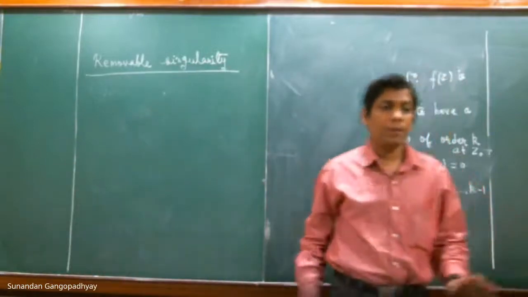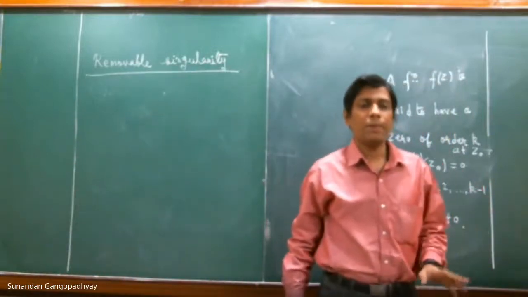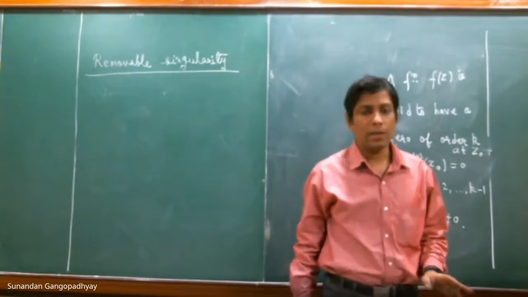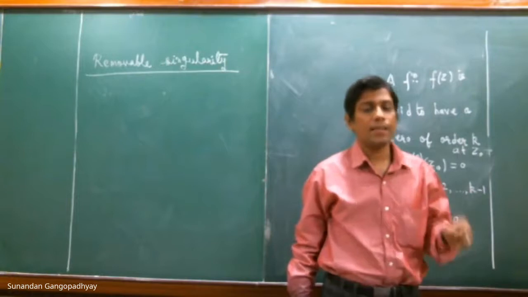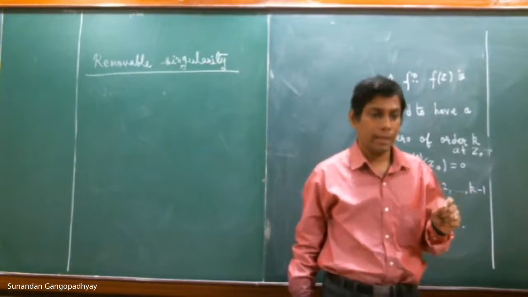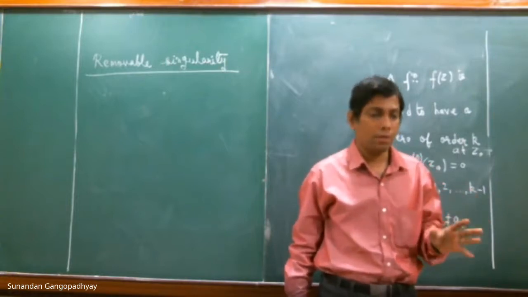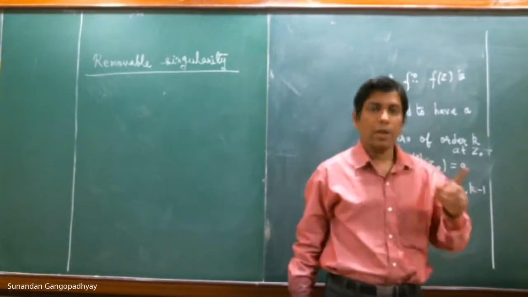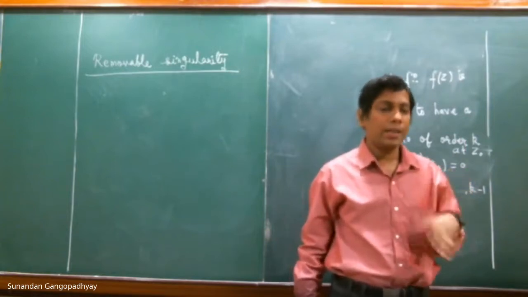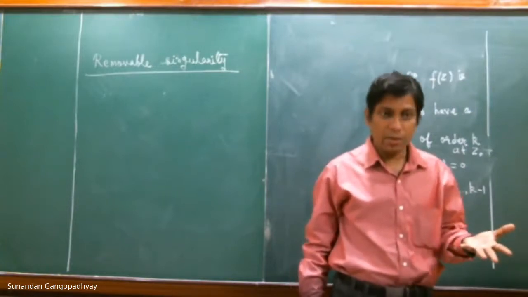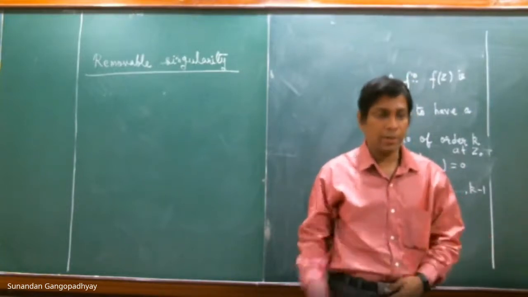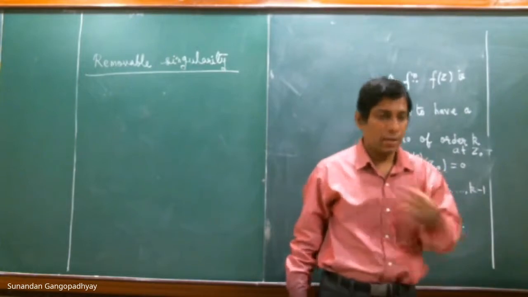So please recall, what are the types of singularities that we have learned so far? Isolated singularity, not an isolated singularity, essential singularity. These are the three types of singularities that we have learned so far. An isolated singularity admits a Laurent series expansion around that isolated singularity in some punctured disk.